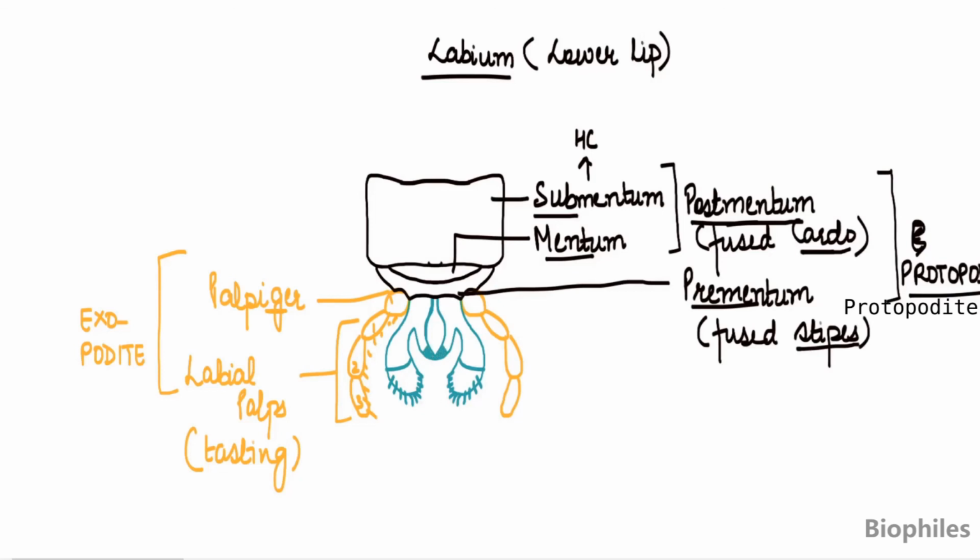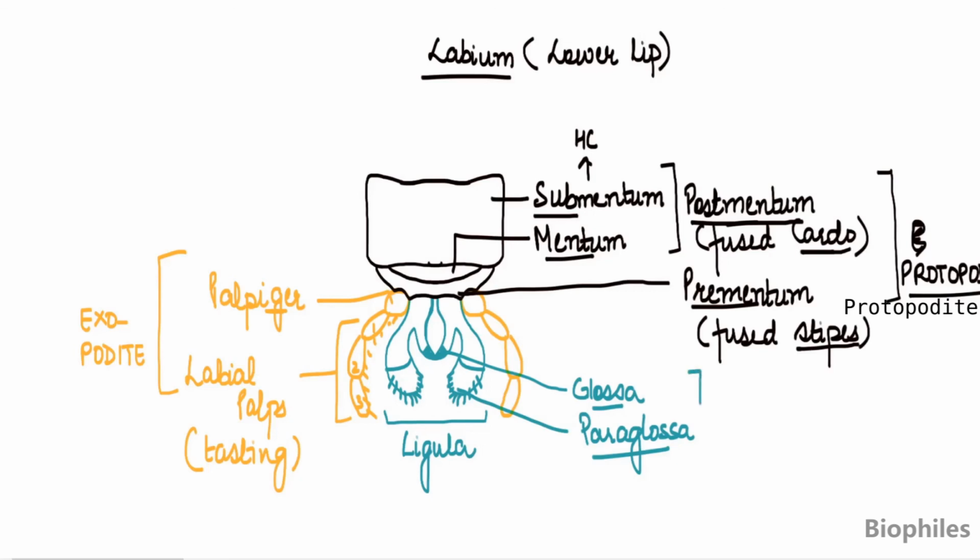So this one is glossa, and the outer one is paraglossa. And this whole structure together is called ligula, whereas the glossa and the paraglossa will make up the endopodite.